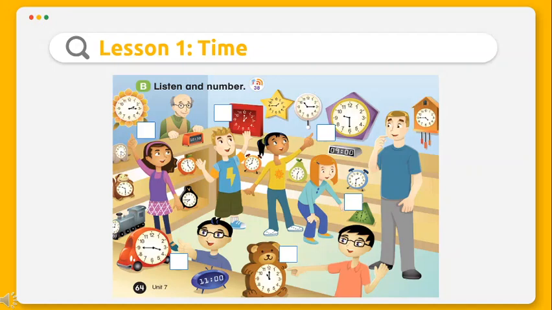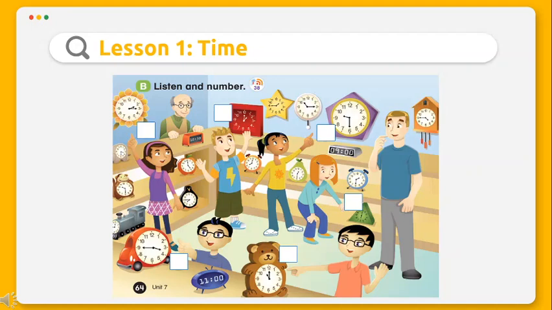Look, it's the car clock. Yes. 4. What about this one? 9:30. It's that big purple and yellow clock. 5. 11 o'clock. It's the bear. The bear. There. 6. What about 6 o'clock? 6 o'clock. It's that clock. The triangle. Yes. Okay.